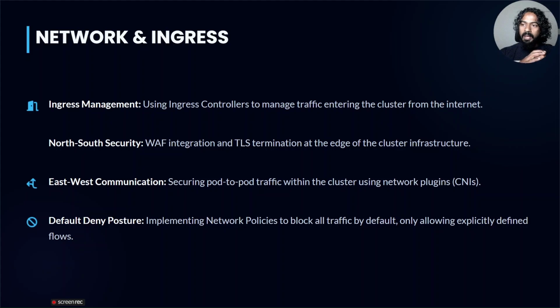So here, by default, the Kubernetes network is flat. Everything can talk to everything. That sounds convenient, right? But it's also dangerous. Ingress controls north to south traffic, but east to west traffic between the different pods is often wide open.